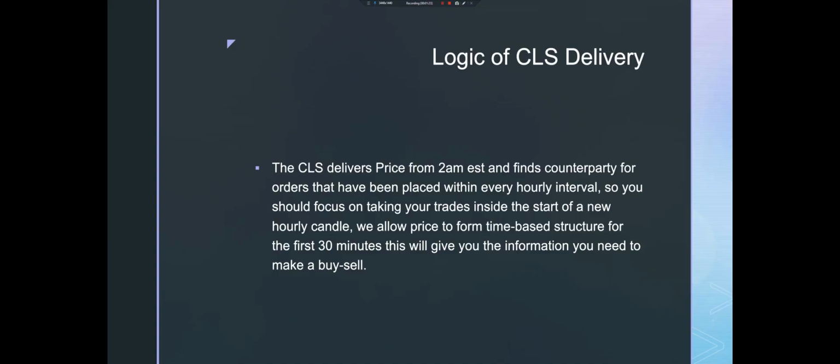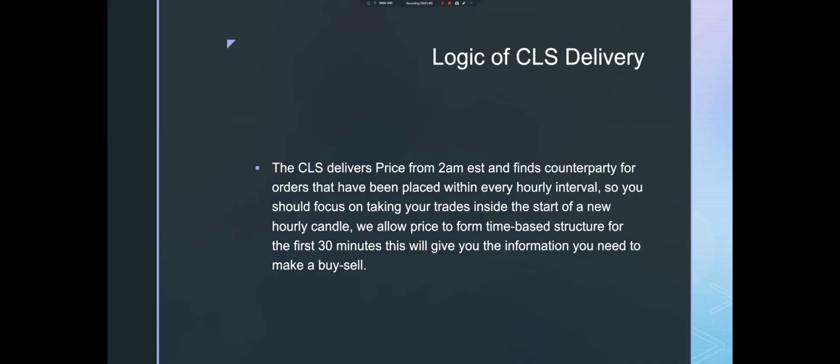We allow price to form time-based structure for the first 30 minutes. Okay, the first 30 minutes. This will give you all the information you need to make a buy or sell. So basically, imagine the second 90-minute cycle, which is from 4 in the morning to 5:30 in the morning.